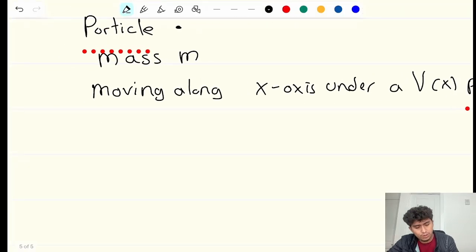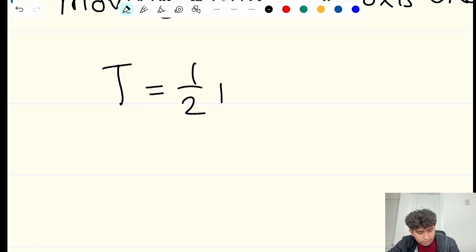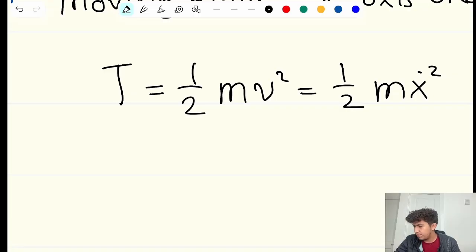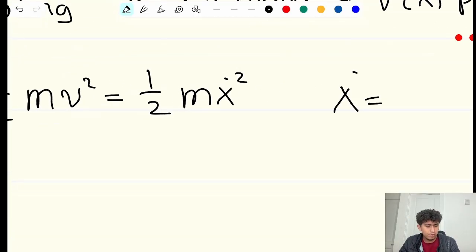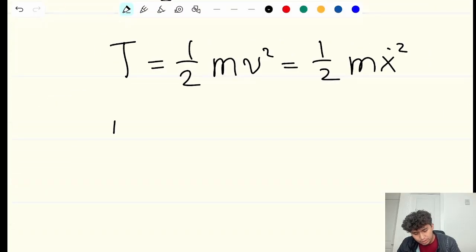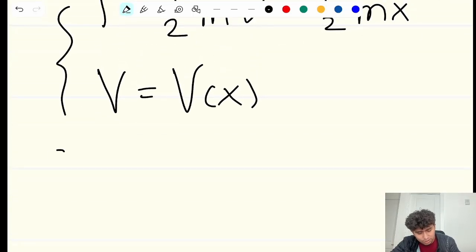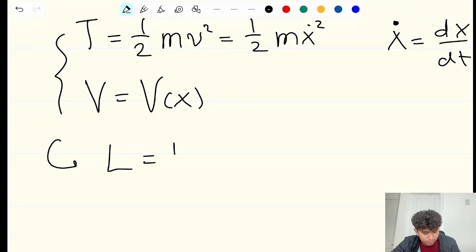You remember from whatever mechanics class you took that the kinetic energy is just 1/2 m v squared, which can also be written as 1/2 m x dot squared. Dot just stands for the time derivative of any quantity. So whenever you see a dot, that's a time derivative. Then the potential energy is just going to be V(x). They already gave us the function. We have everything we need to construct the Lagrangian. Combining these two, you have 1/2 m x dot squared minus V(x).